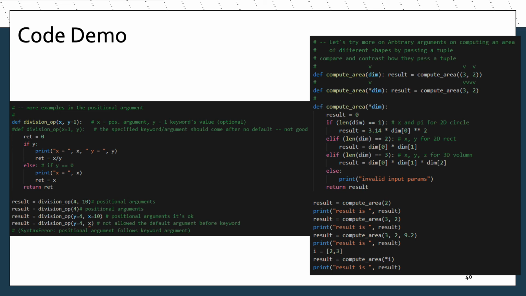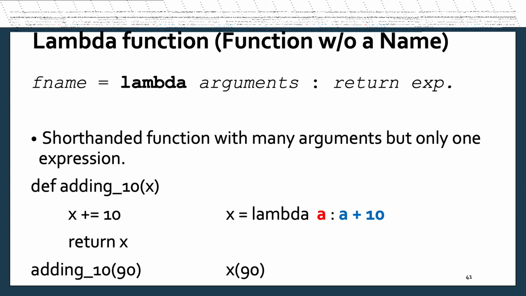Okay, division operator. Lambda function. Lambda function, another elegant way to do something. It's basically a function without a name. It is synonymous to other programming languages where they also call it an anonymous function, right? Sometimes you don't really need to name that function.